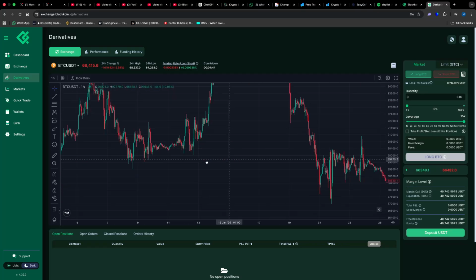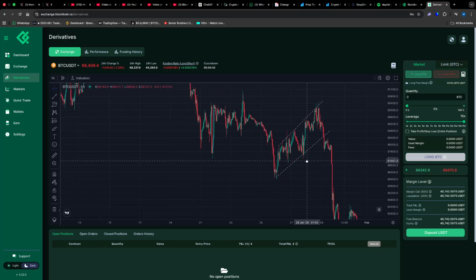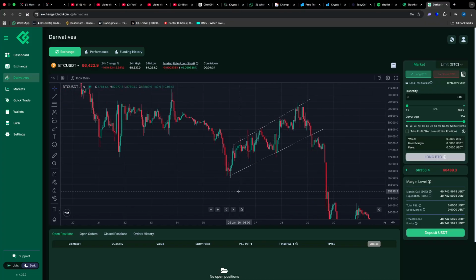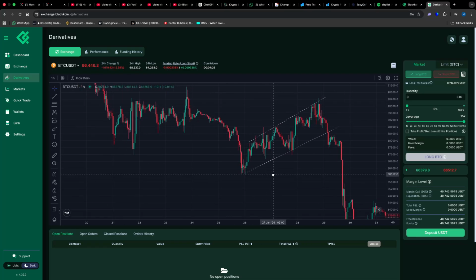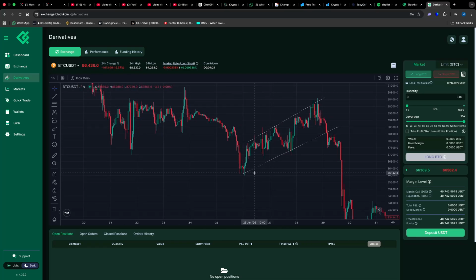Moving on to step 3, how to actually trade in a trend, starting with the uptrend. With an uptrend, you always look to buy near support and sell near resistance. It's easier to see in hindsight, but as you're looking at the charts, you'll be able to see the uptrend, and you'd be looking to buy on the support lines over here and sell on the resistance lines over here.